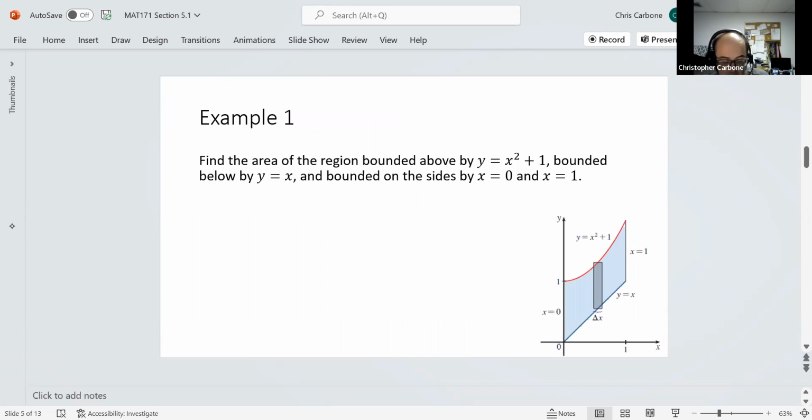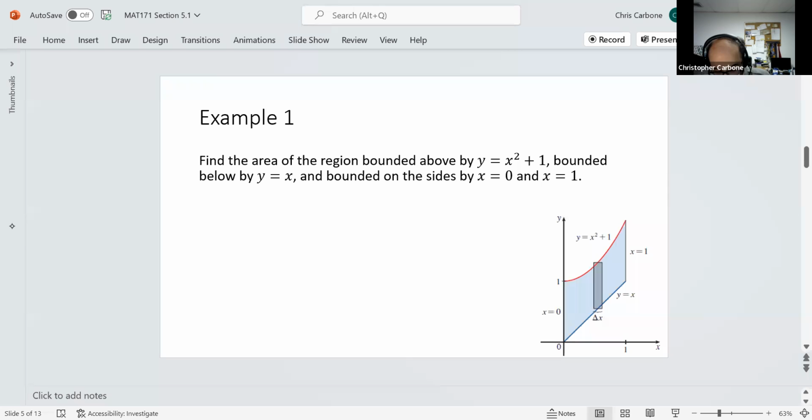So, for example, find the area of the region bounded above by y is equal to x squared plus 1, which is the pink curve in the picture, bounded below by y is equal to x, the blue line here on the bottom, and bounded on the sides by x is equal to 0 and x is equal to 1. We have a rendition of delta x here in the middle.